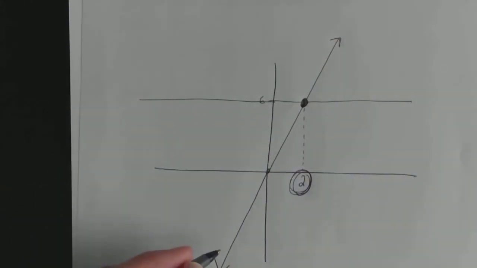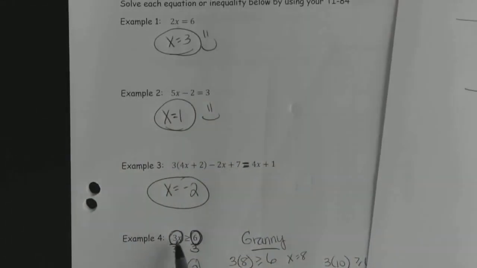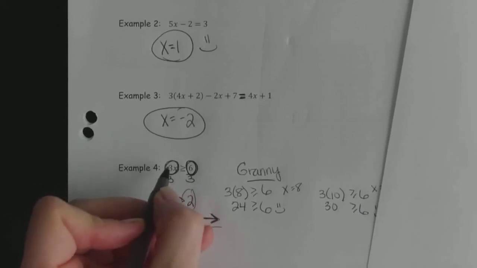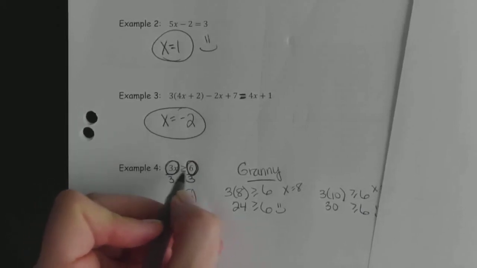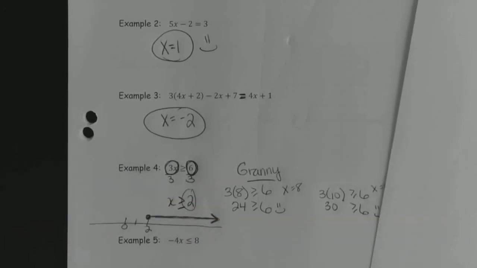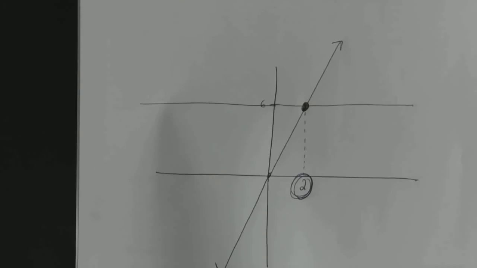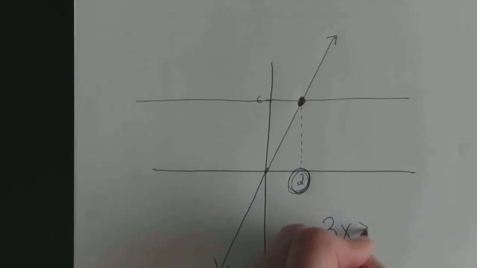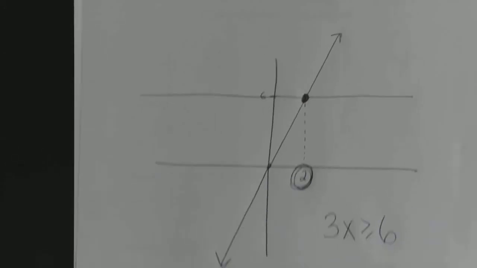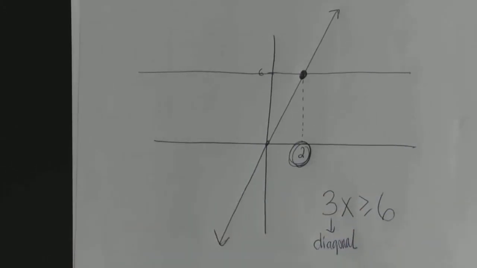So that means that this point right here is x equals 2. So I know that my answer has something to do with this edge where the two lines intersect. Now if this were 3x equals 6, then we would be done and x would be 2. But here's the kicker. Remember what the inequality said? 3x has to be greater than or equal to 6.